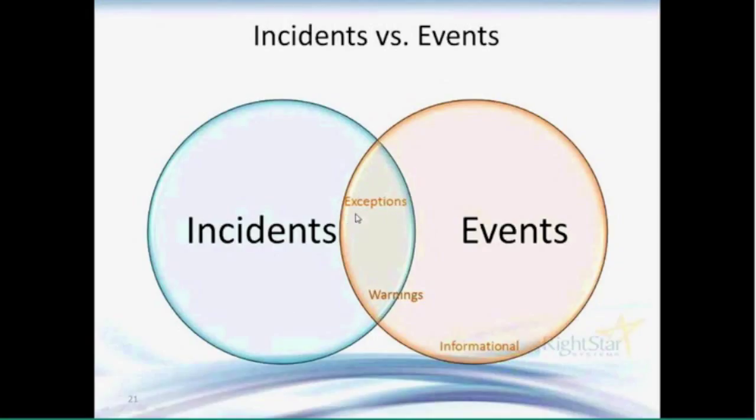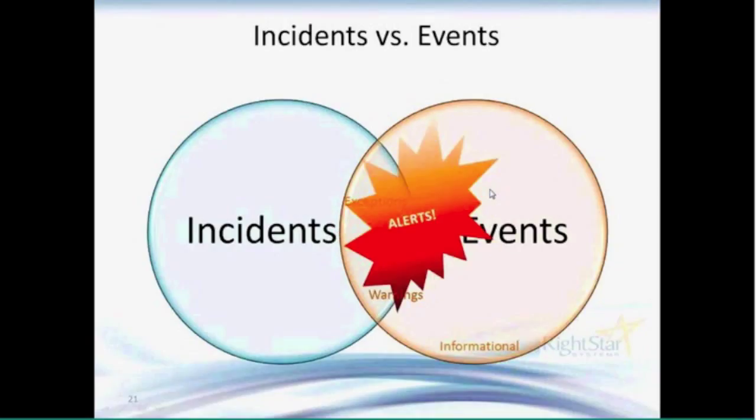So you've exceeded your thresholds, or you have a particular security breach on a database server. These are the alerts that are triggered in response to these exception events that then may become or be logged as incidents that need resolution.